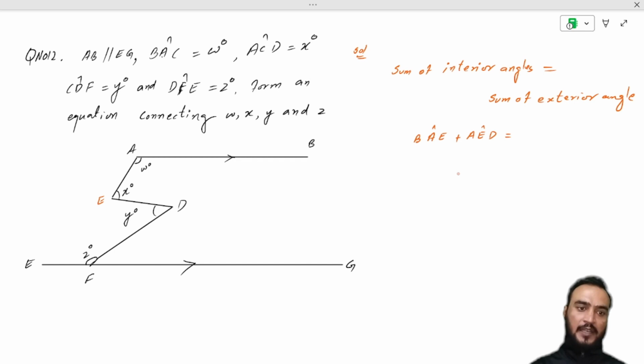The exterior angles are EDF plus another exterior angle, DFE. The value of BAE is w degrees. The value of AED is x degrees. Both are interior angles, and the value of EDF is y degrees, and the value of DFE is z degrees. So this is the equation which connects w, x, y, and z. Hence the answer of the question.